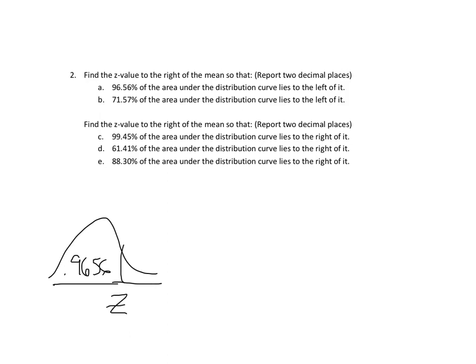I could grab my chart, and if I grab my chart, I'd see that was 1.82. Or I could have done it using Excel. You could have seen equals NORM.S.INV of 0.9656. And you'd come back with 1.82 for your answer.